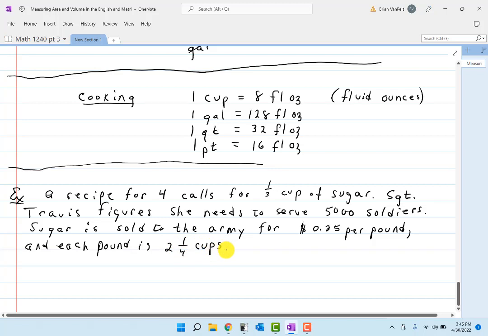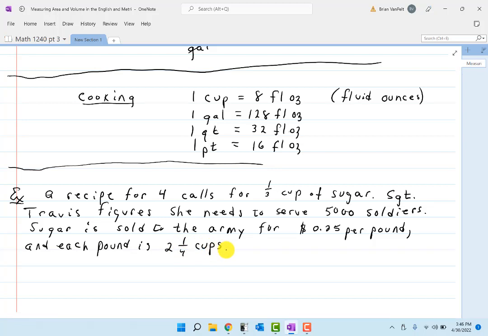So you see here, I'm not saying that 1 pound of anything equals 2 1/4 cups of anything. I'm saying the weight of sugar comes out to be equivalent to 2 1/4 cups.